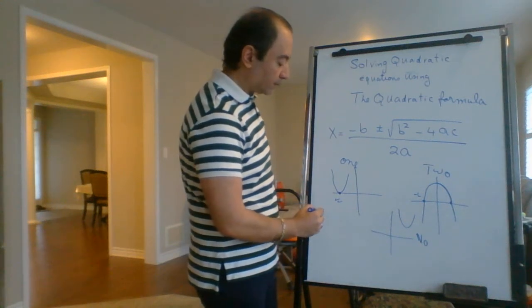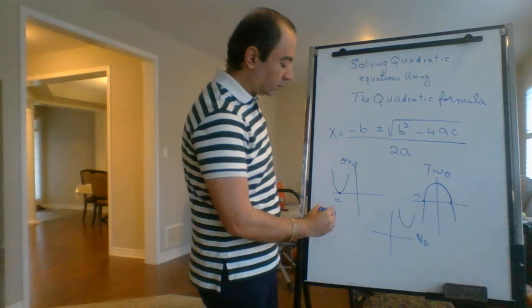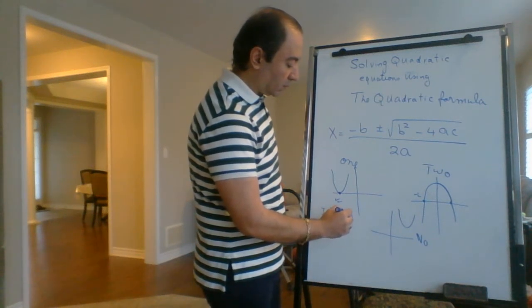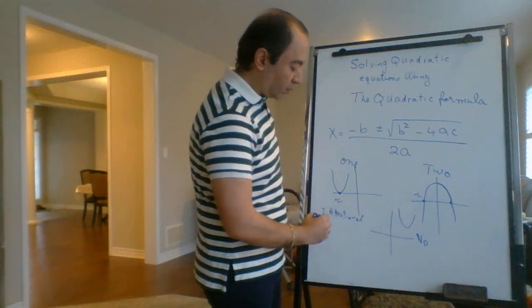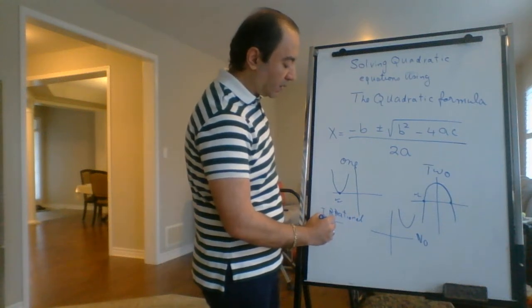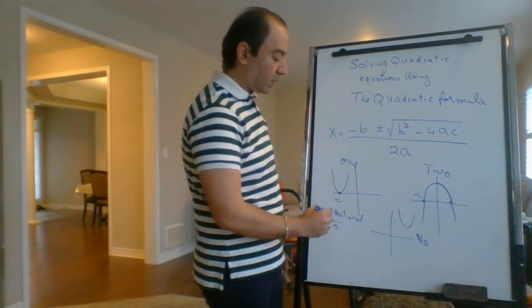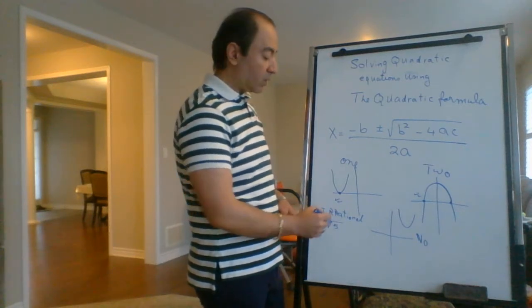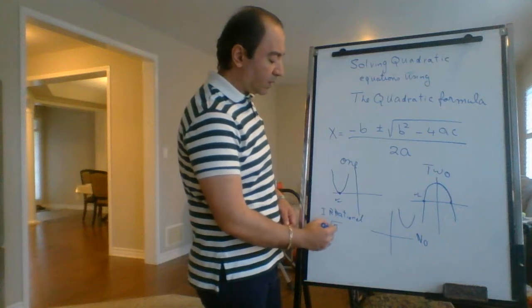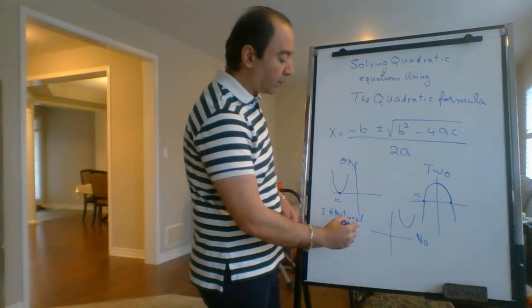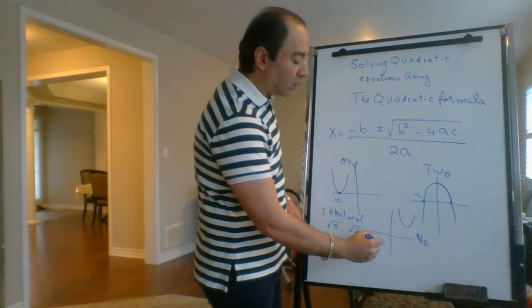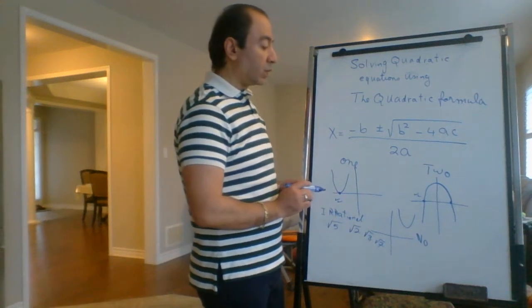Irrational means under the square root we get something that we cannot find the square root of exactly. We need to use a calculator and then it will be approximate. So irrational numbers like square root of 5, square root of 2, square root of 3, square root of 7, all of those are irrational roots.